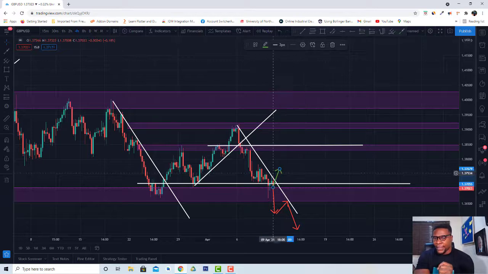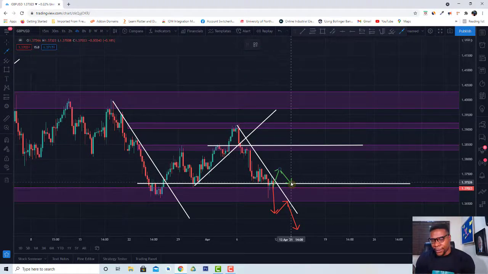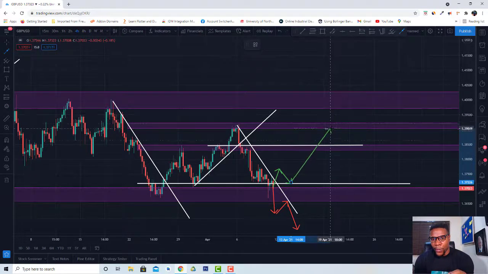So once it breaks it, we're not going to react immediately. We will now wait for it to come back to retest on this zone. Once it retests on this zone, we will now get a bullish signal, all right? We get a bullish signal which we can get from our candlestick patterns for us to make the right entry and then ride the next wave all the way up.